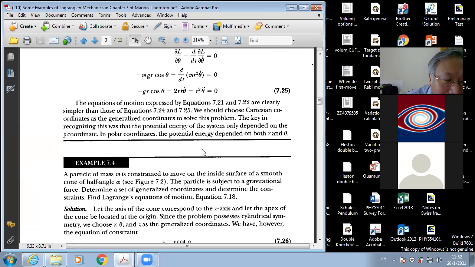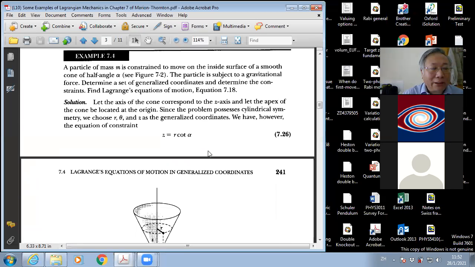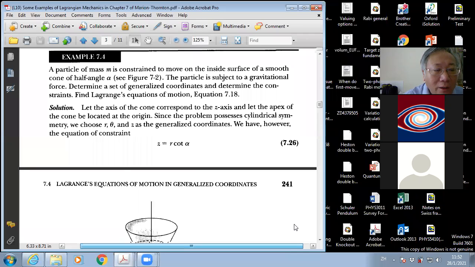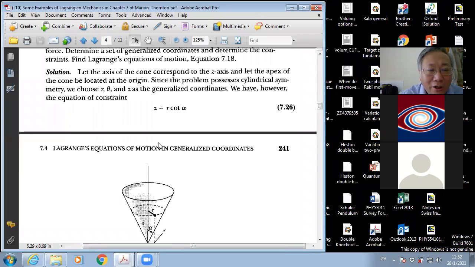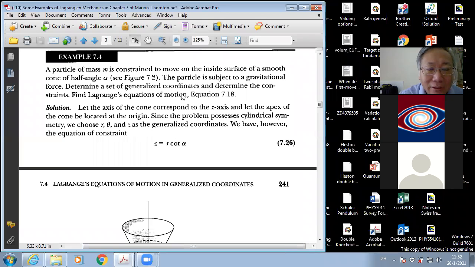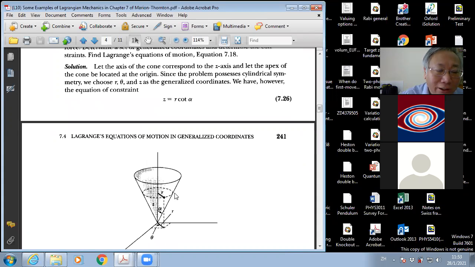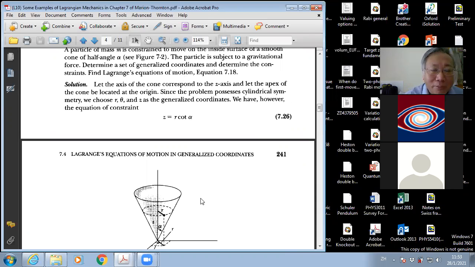The second example: a particle of mass m is constrained to move on the inside surface of a smooth cone of half angle alpha. So it's moving around on the surface. The particle is subject to a gravitational force, its weight.